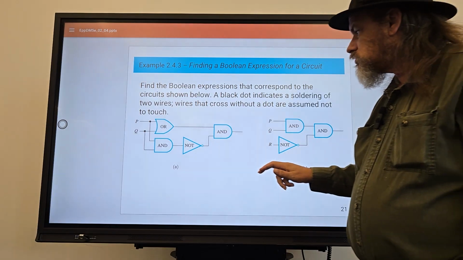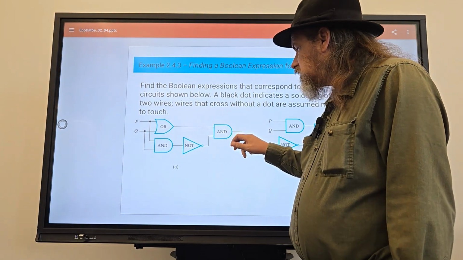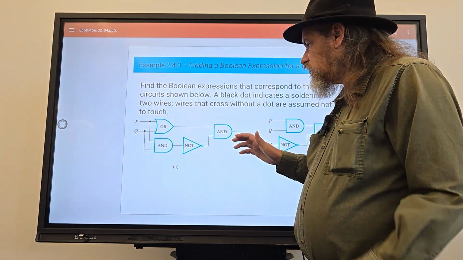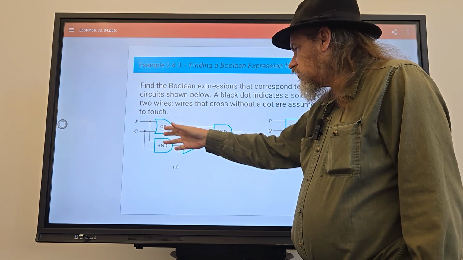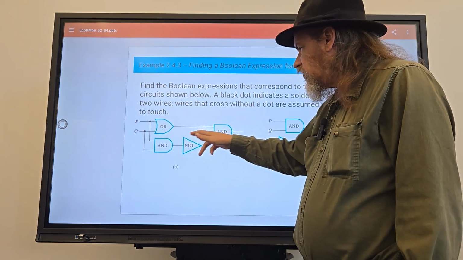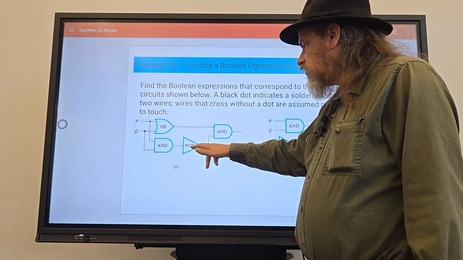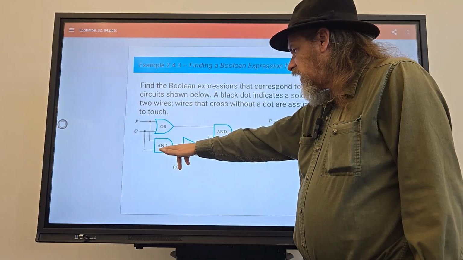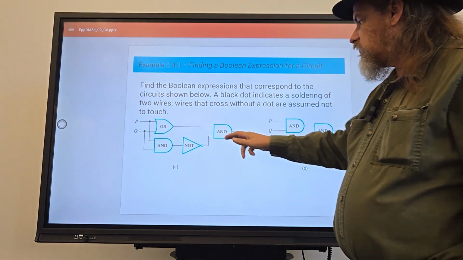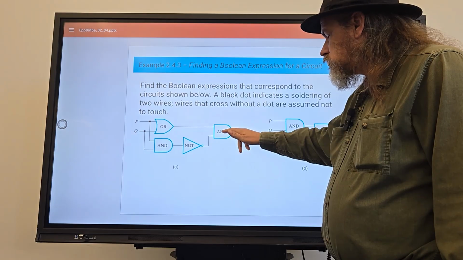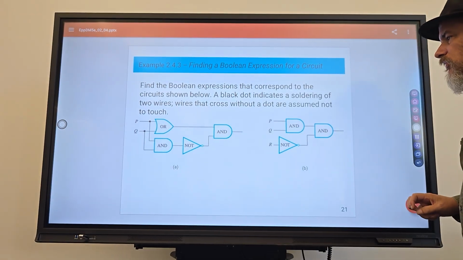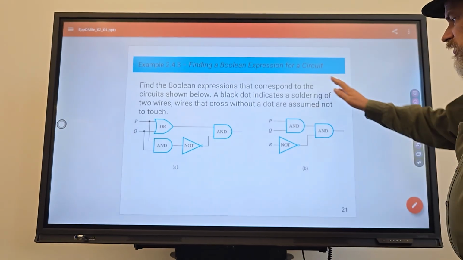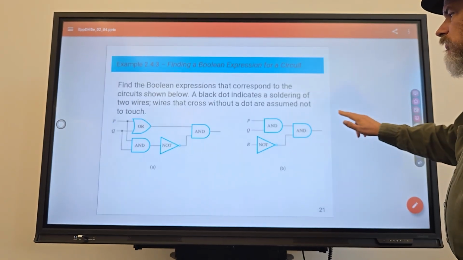As you go left to right, the order of operations indicates these are done first, so those would be in parentheses. The not would be outside the parentheses of the and, and then finally the outer, last operation would be the and on the right. I'm going to skip this one here.